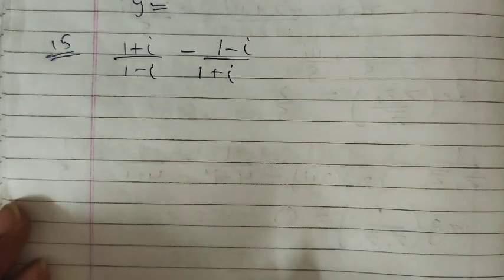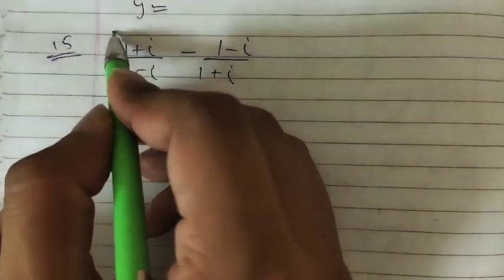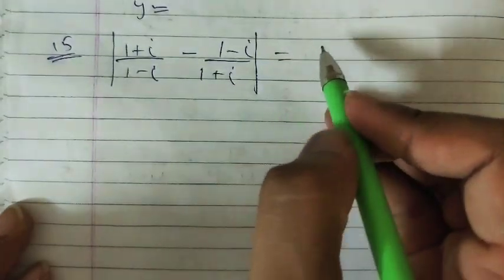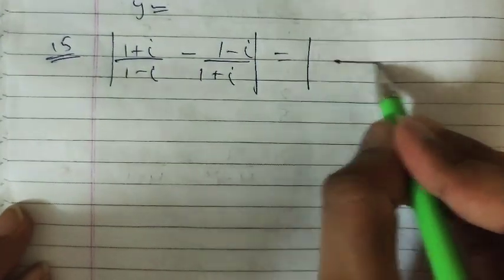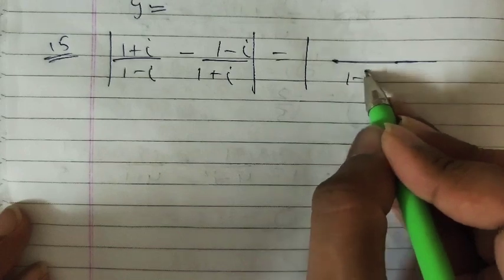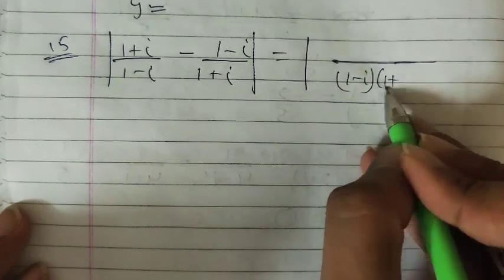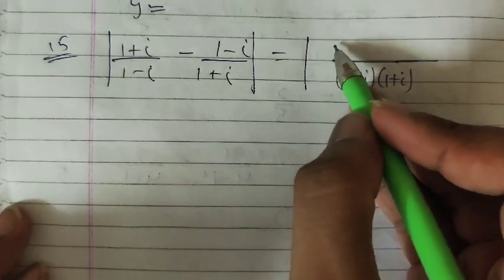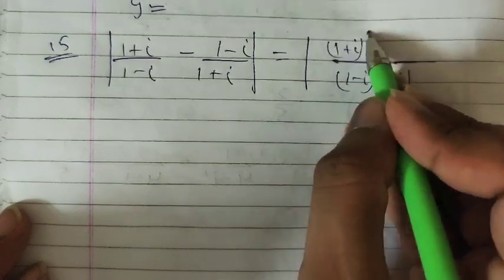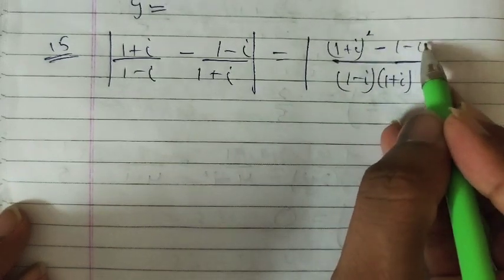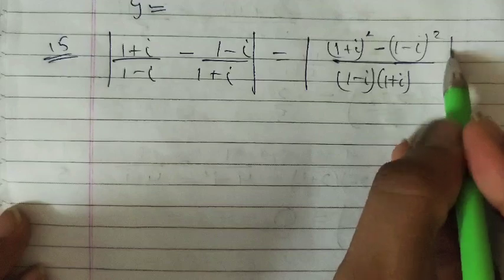Next, now we have to find out modulus of this, right? So this modulus, let's take LCM. 1 minus iota, 1 plus iota. So here we'll have (1 plus iota) square minus (1 minus iota) square.